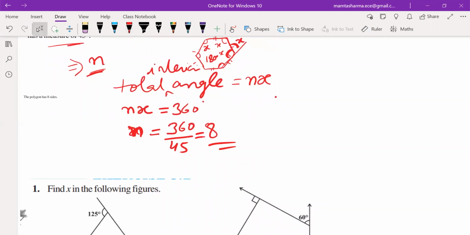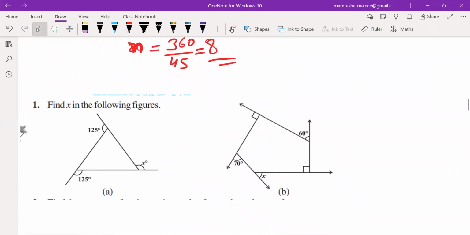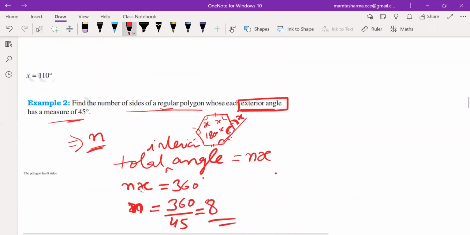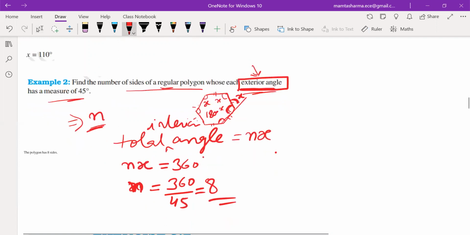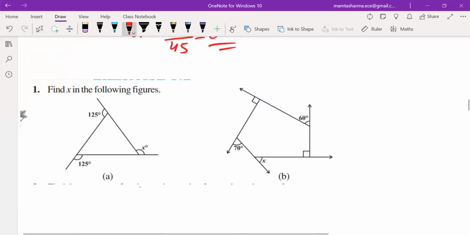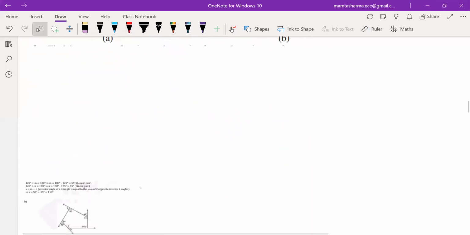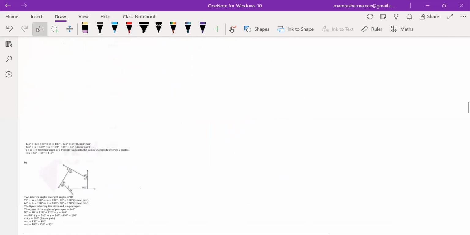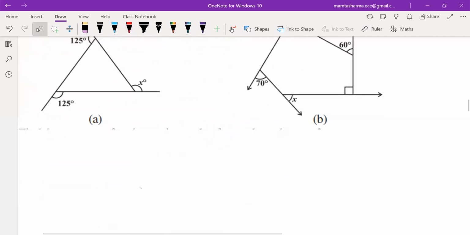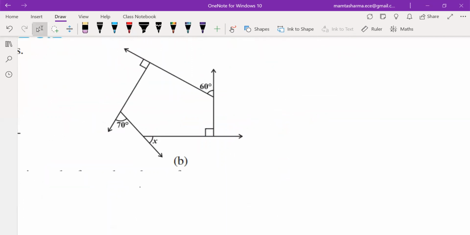Yes, ma'am. Okay. For avoiding these types of mistakes, please read the question carefully. Exterior angle has been given. Now find out the value of x. Wait, let's do only one question. Take the B. Find out the value of x.